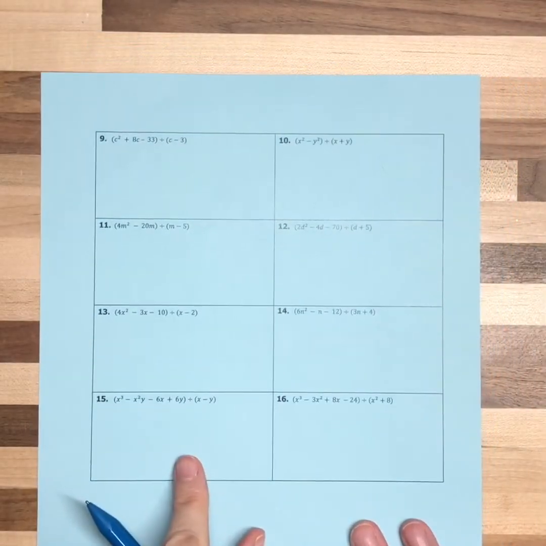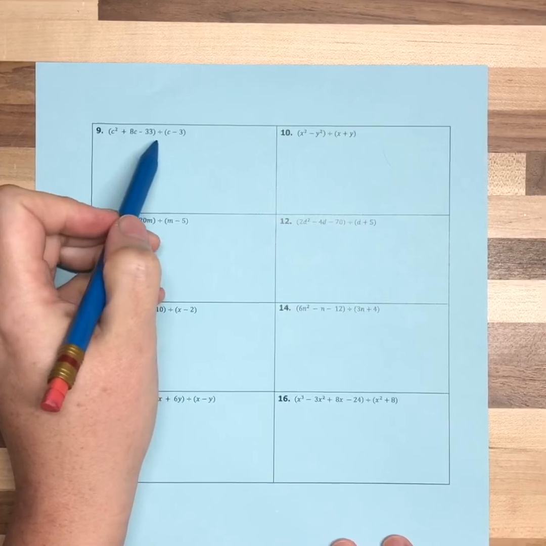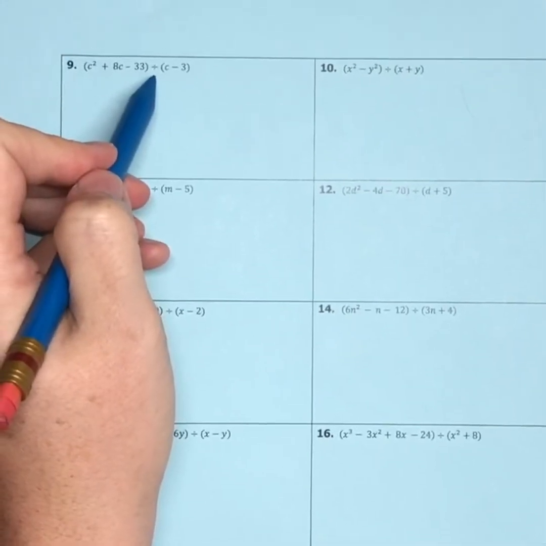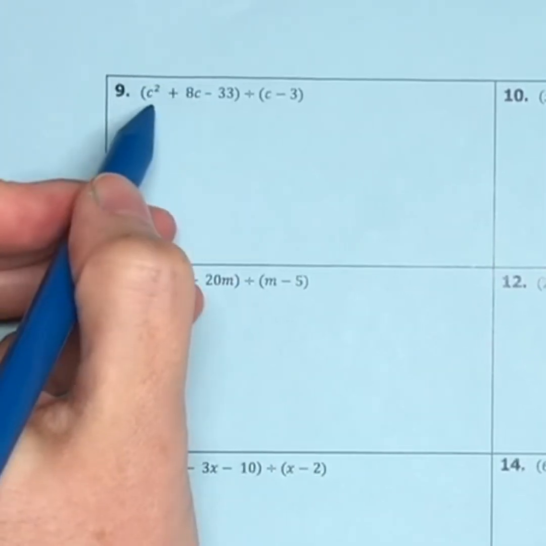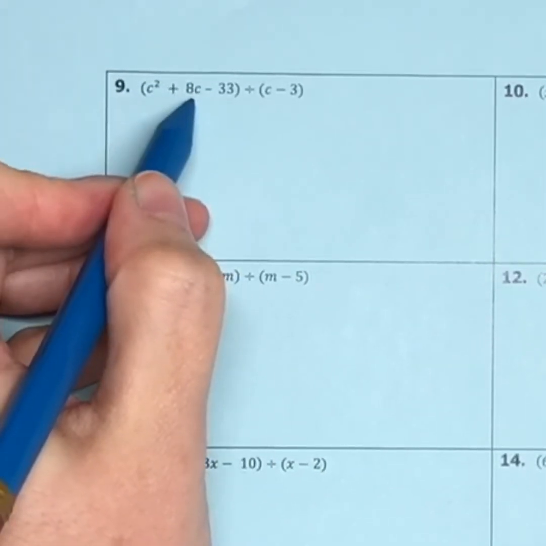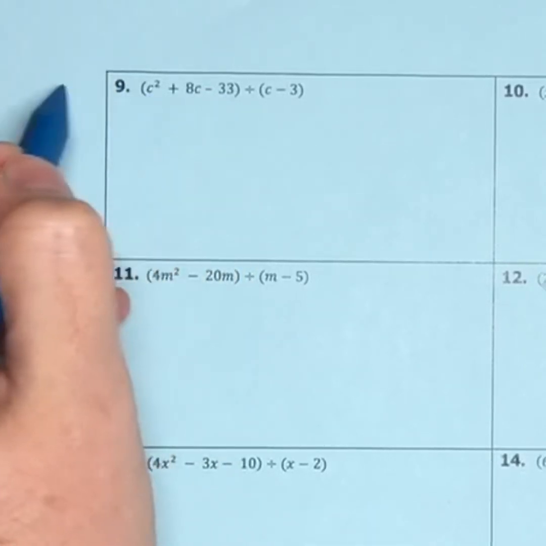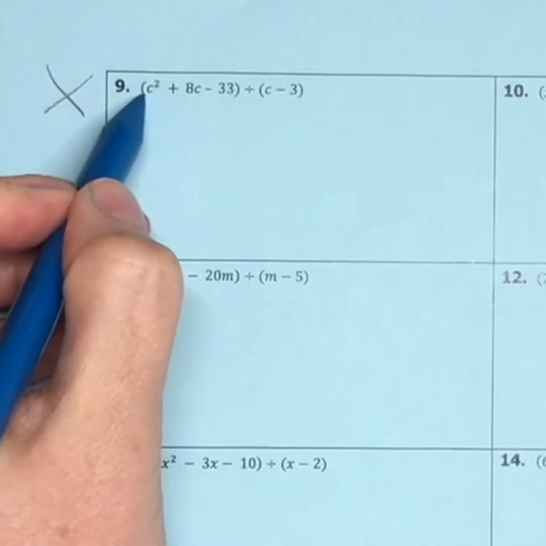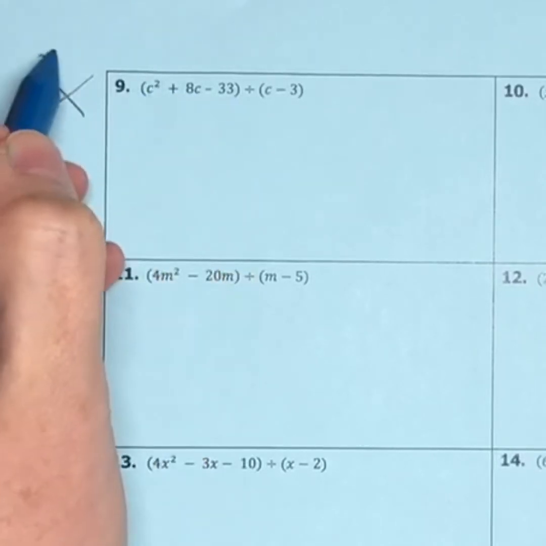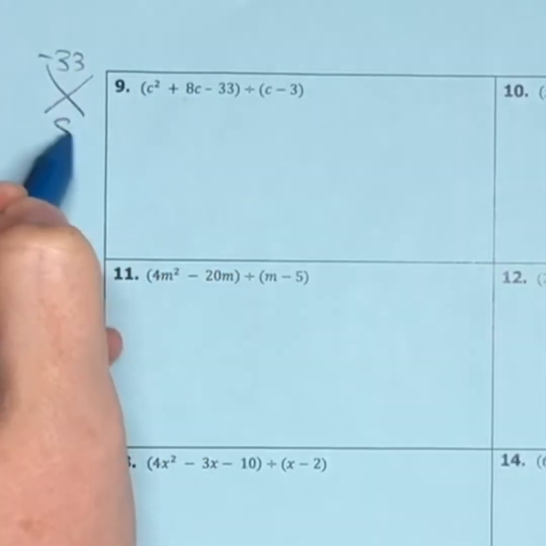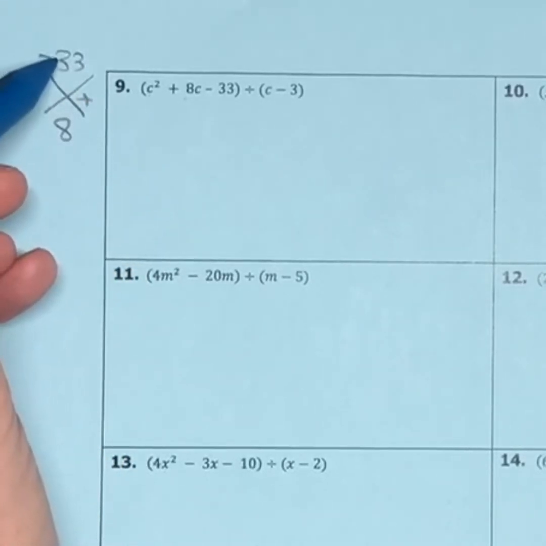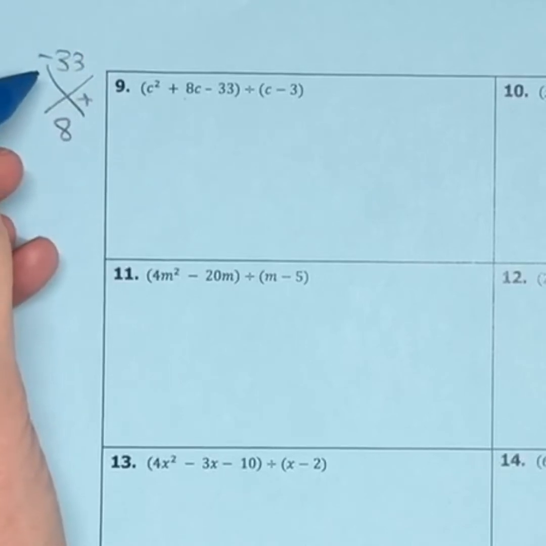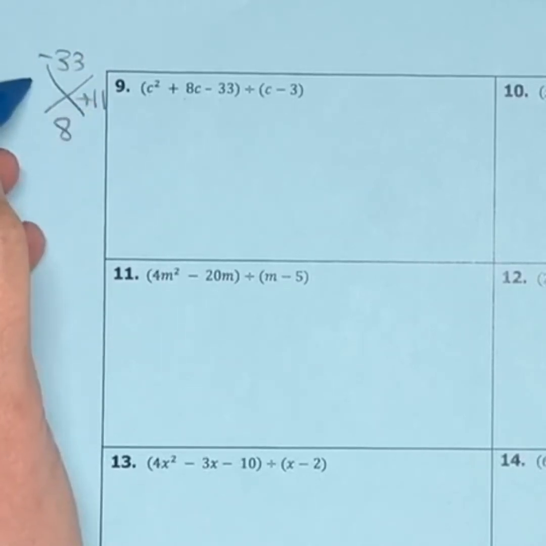On the back side, the fraction bar we know is division. These are the same. You could rewrite this, for example, I can see that c squared plus 8c minus 33, we can do the trinomial x method shortcut. The a is 1 times negative 33, and then we have a positive 8, so we have a negative times a positive, and we need more positives. I know 3 times 11 is 33, and if I have a positive 11 and a negative 3, that'll add to positive 8.